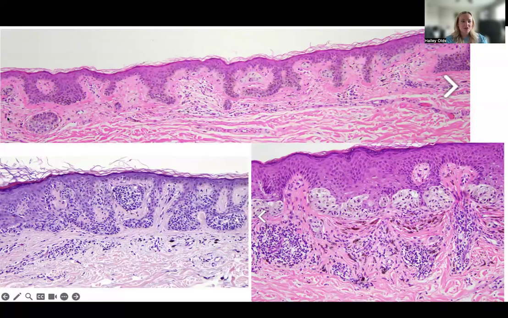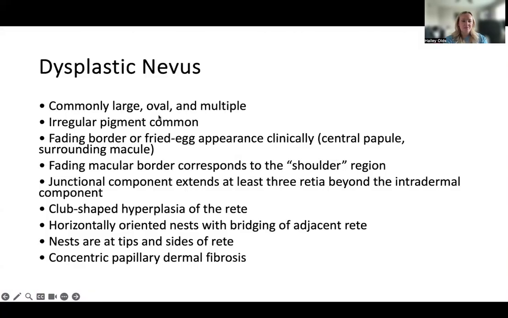Okay, so again, we have nests of melanocytes that are mainly at the tips and the sides of the rete ridges, but we also have some bridging of adjacent rete ridges. We have some fibroplasia in the papillary dermis. So this is a dysplastic nevus. So big things to know about this is you can get club-shaped hyperplasia of the rete.